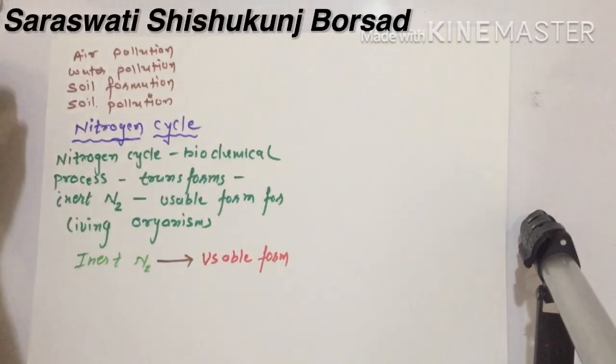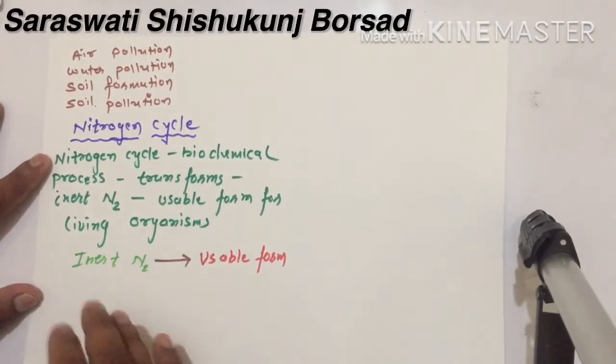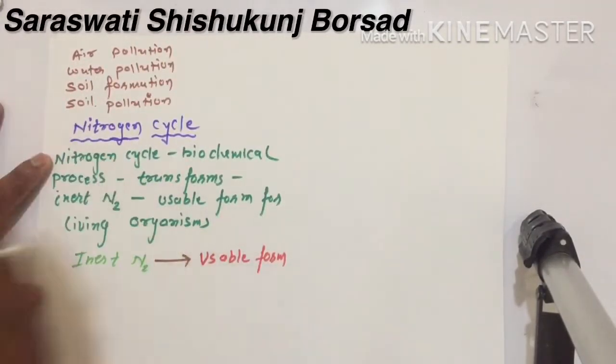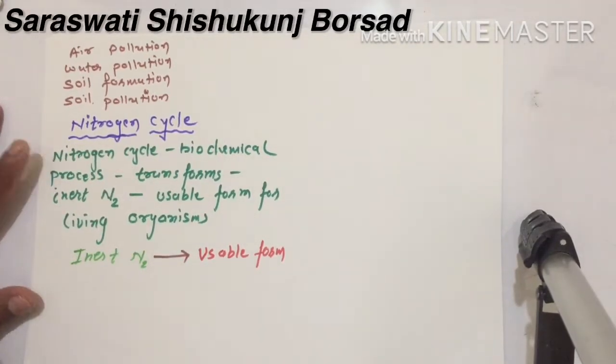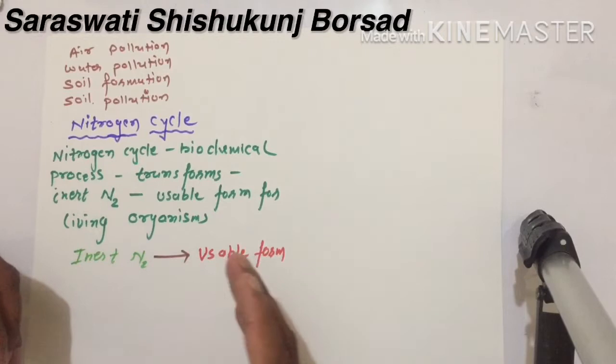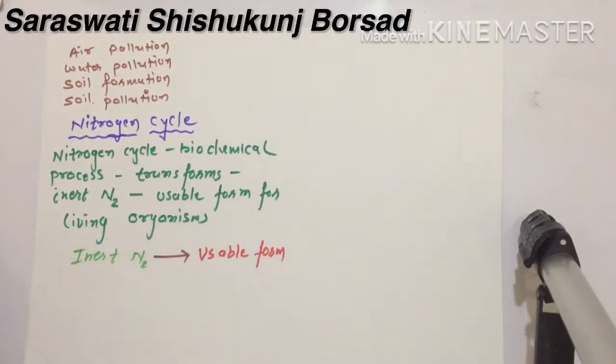Now let's understand how this process is done, how the inert nitrogen which is present in the atmosphere gets converted into a usable form, and how we are using it. Remember that this is done in different stages.